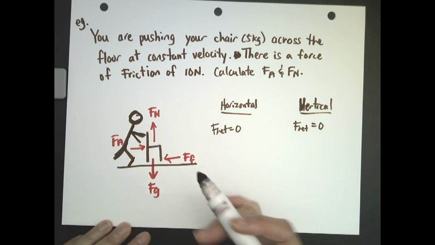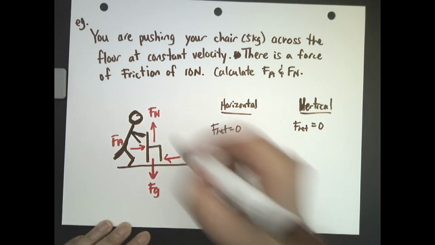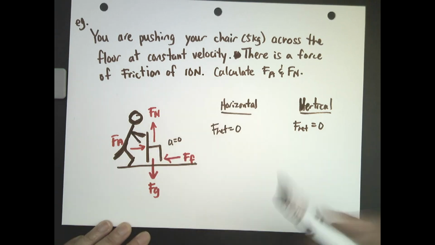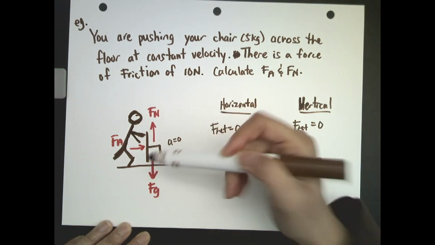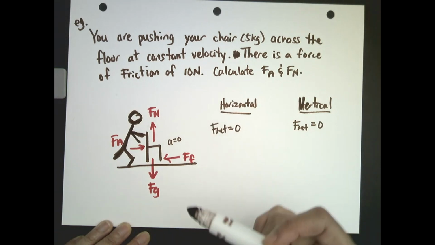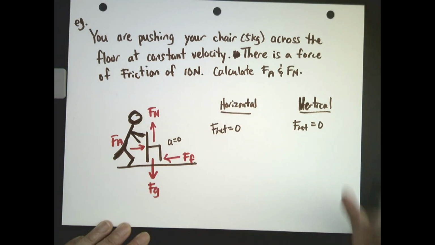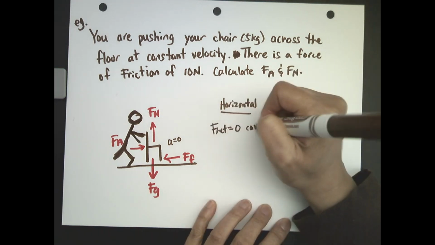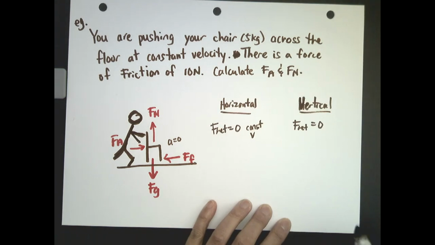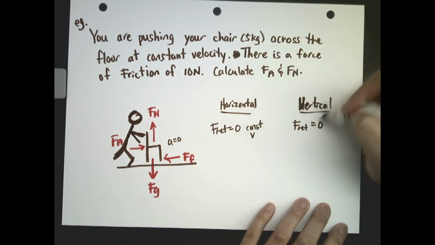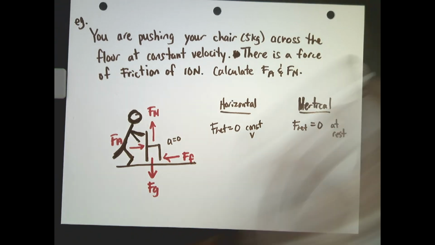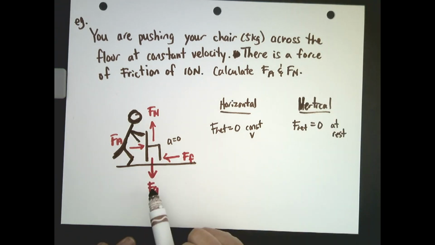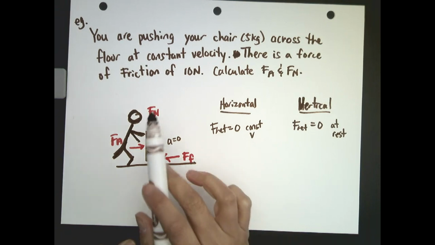Well, it does move, it's just moving at constant velocity. So a is equal to 0. Now, vertically, it doesn't move anywhere. So vertically, it's at rest. So F net equals 0 for horizontal is technically a constant velocity type motion, whereas vertically, it is at rest because the chair is not sinking into the ground or floating off the ground.